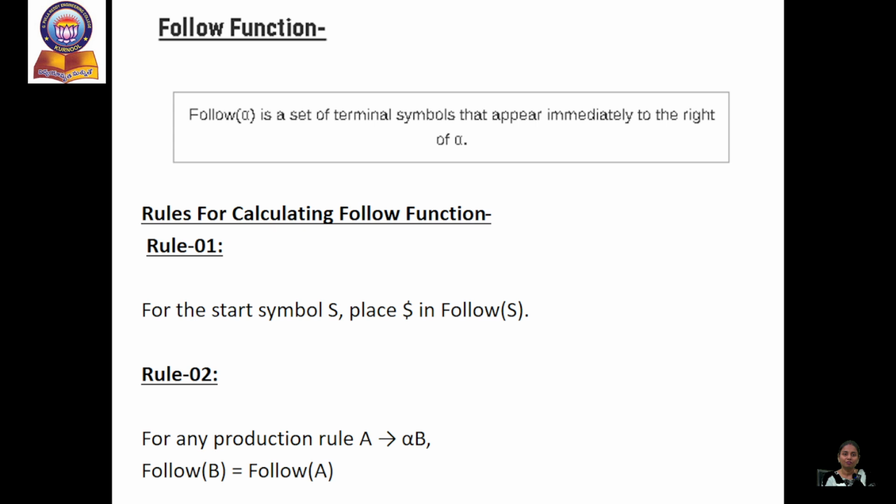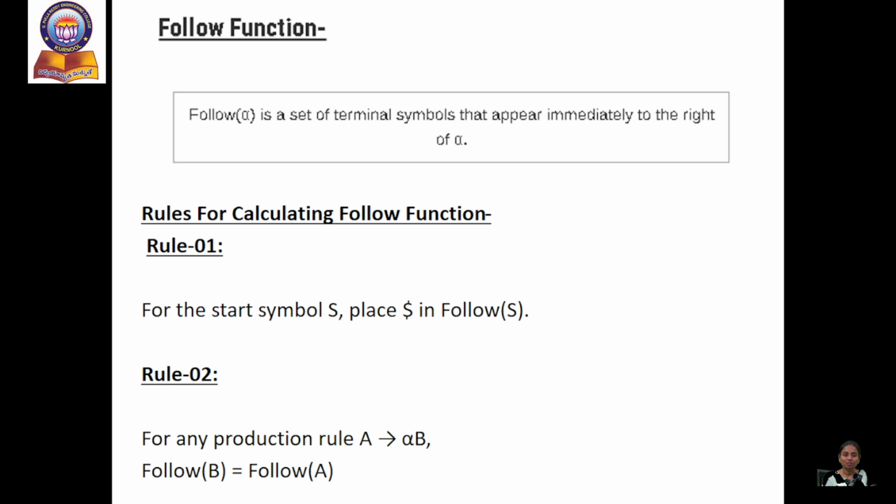Non-terminals which are present at the LHS side of a given grammar. Whereas follow functions are going to be calculated for each and every non-terminal appearing at the RHS side of a given grammar. This is the most important difference you have to remember while calculating the first and follow functions.